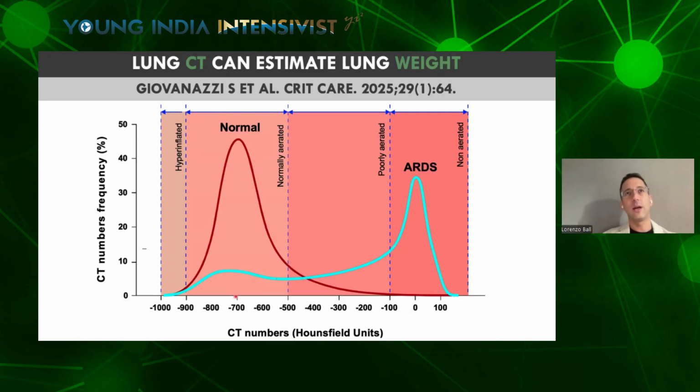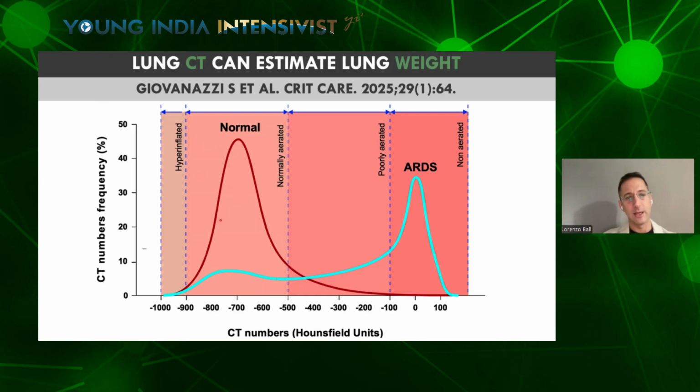So if we look at a normal individual, and I select the lungs inside my CT scan, so I tell the computer, these are the lungs and this is all the rest, what I get is a huge peak in this area, around -800 to -700 Hounsfield units. This is what is considered the normally aerated lung tissue.